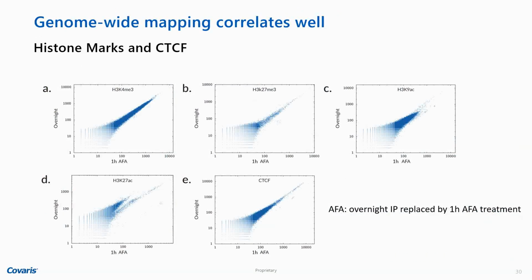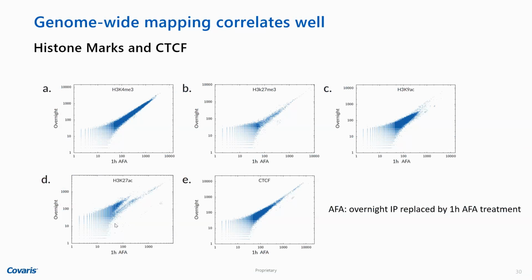So if we look into these plots, we see that we would always have the overnight incubation on the y-axis and the 1-hour AFA on the x-axis. And for every mark, we see that there is quite nice correlation, meaning that the data are very similar to each other.